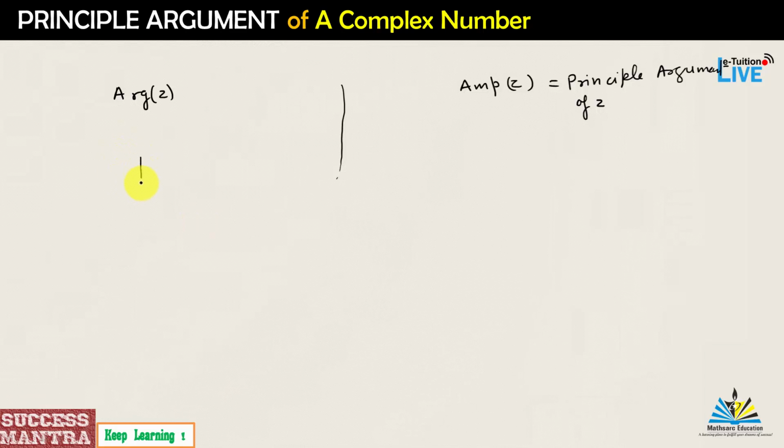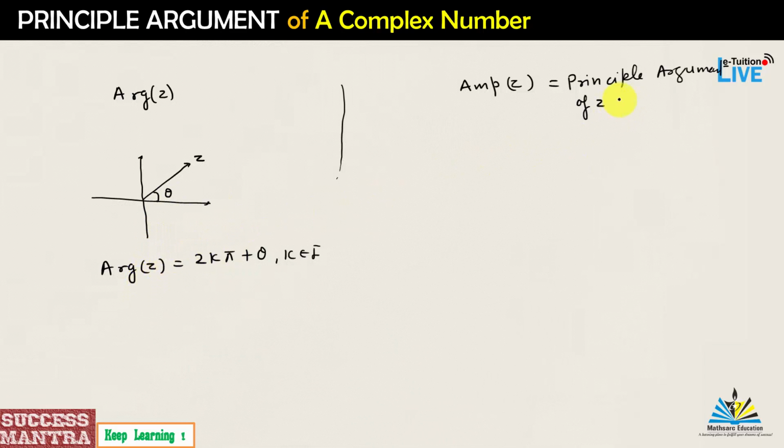Let's say if we have a complex number, or radius vector of a complex number z is making angle theta, then argument of z can have 2k pi plus theta, where k belongs to integer. Here you can see that for a single complex number there are infinite values for an argument of that complex number.